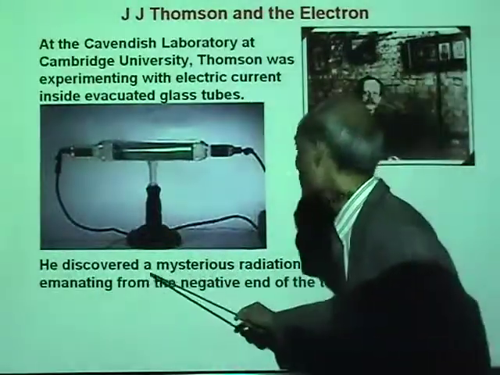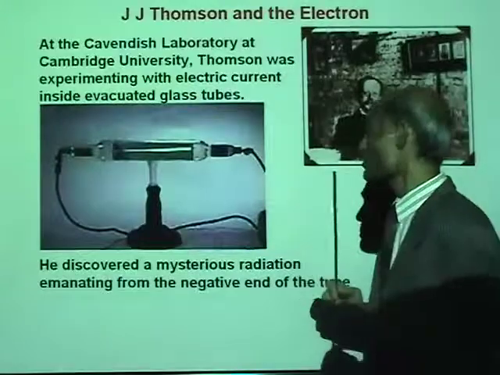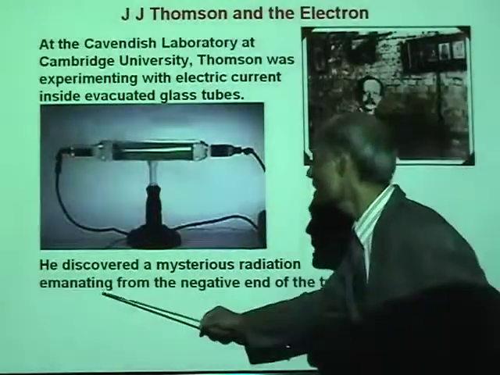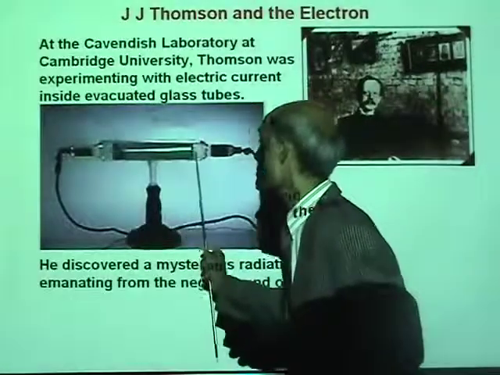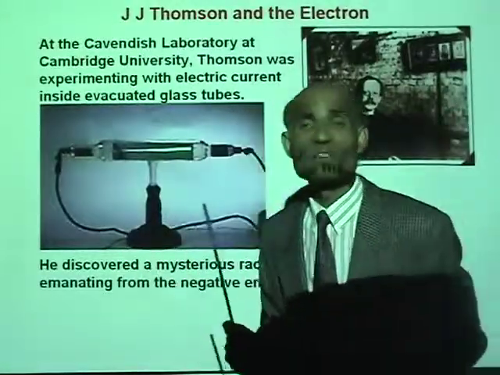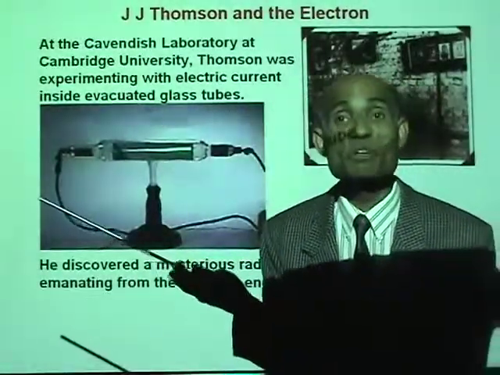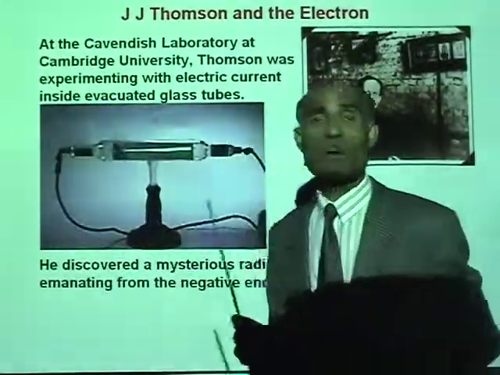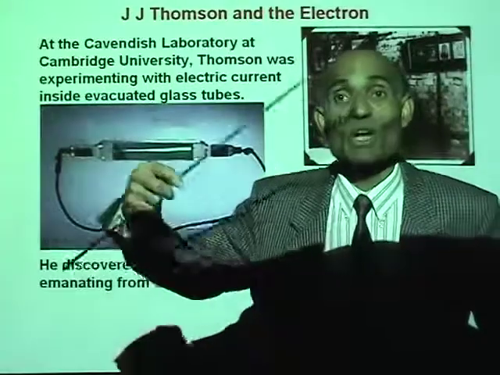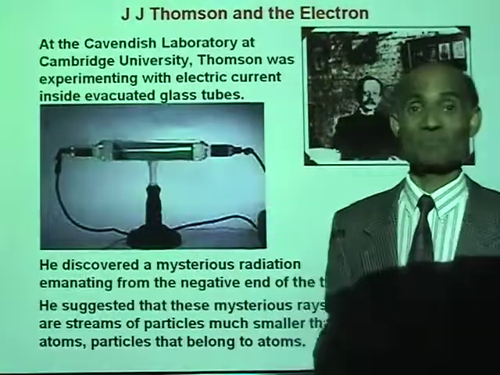Now, he discovered a mysterious radiation emanating from the negative end of the tube. That mysterious radiation that nobody has seen before is emanating from the negative end of the tube. So he spent a lot of time studying it.